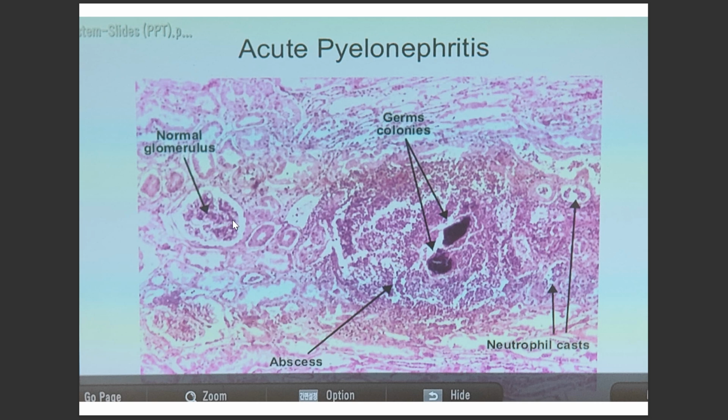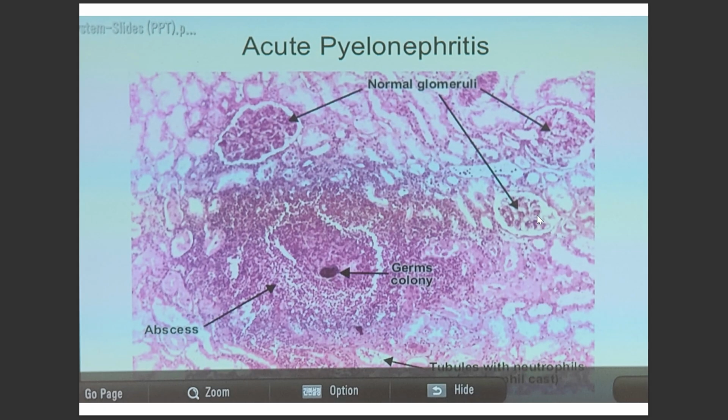That indicates that the glomerulus is abnormal. Since nothing like that occurs in this slide, we can say that the glomerulus is normal. This slide is of kidney, and these things indicate acute pyelonephritis. Let's go to another slide.